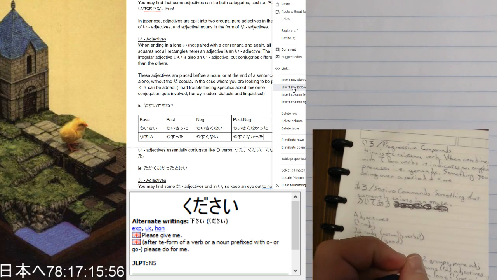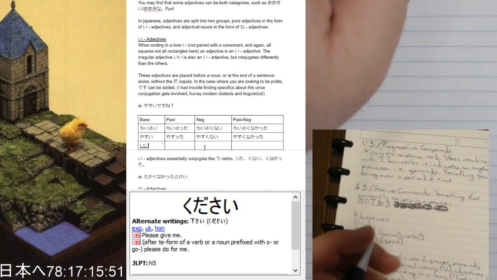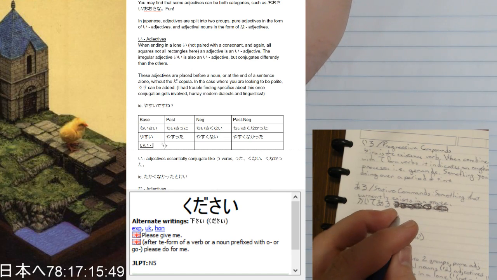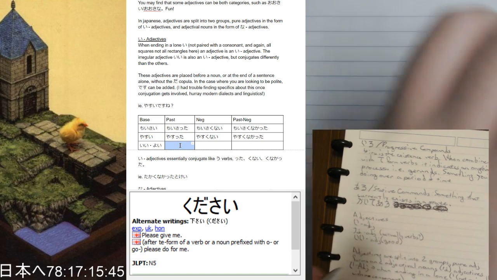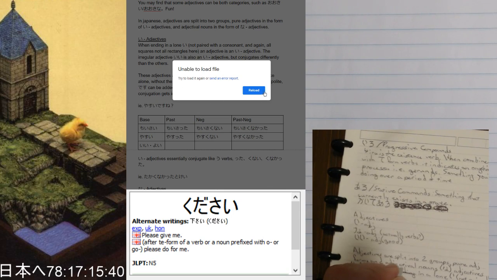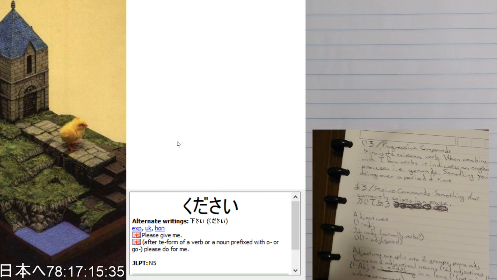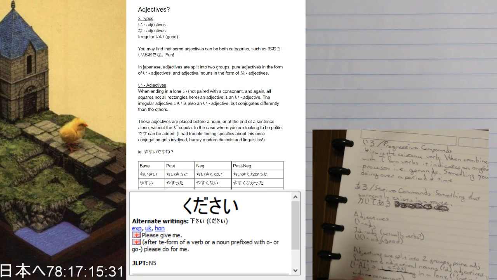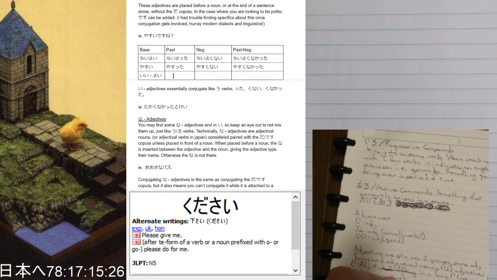Insert row below. Ii. Push. No, cut. What are you doing? What? Whoa. I need to load file. Awesome. Hope that didn't mess things up. Alright. Can I click, please? Oh god.